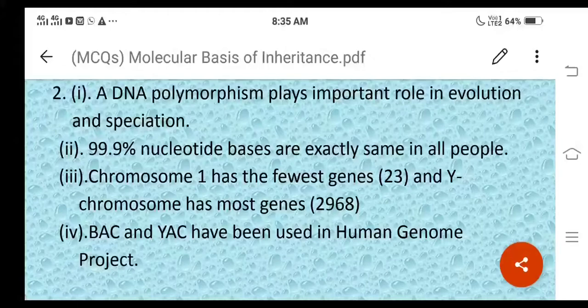It is reversed here. In chromosome 1 we find 2968 genes, whereas the Y chromosome has only 23. So option C is the right answer. Statements 1, 2 and 4 are correct, but the third statement is incorrect.